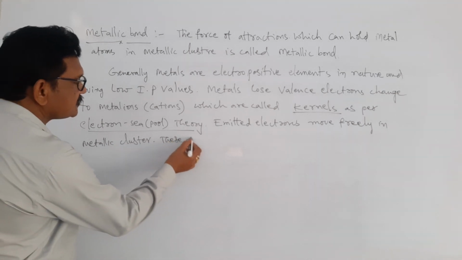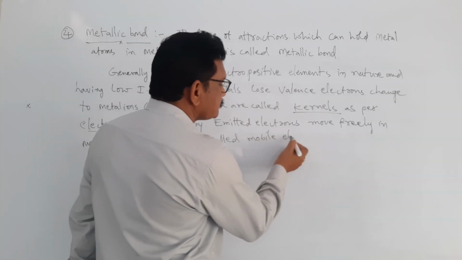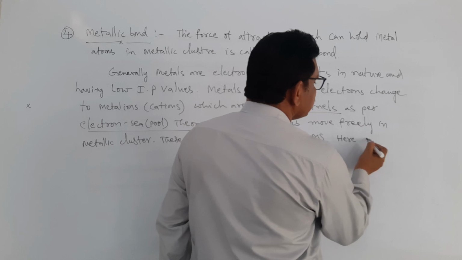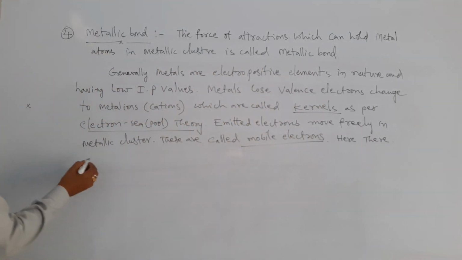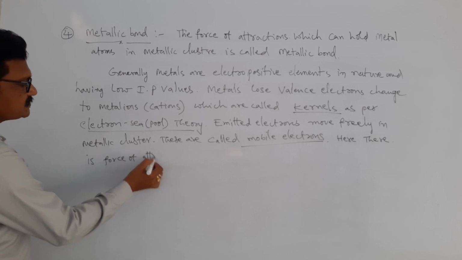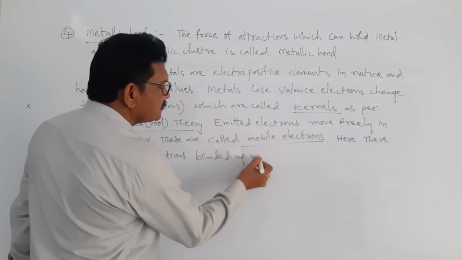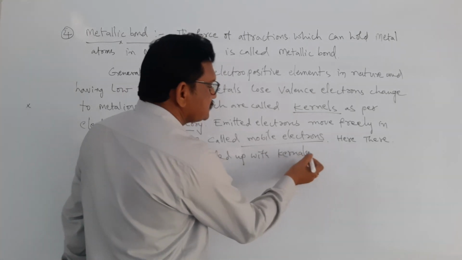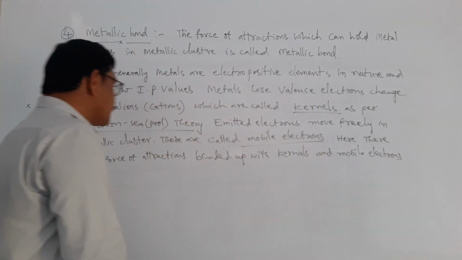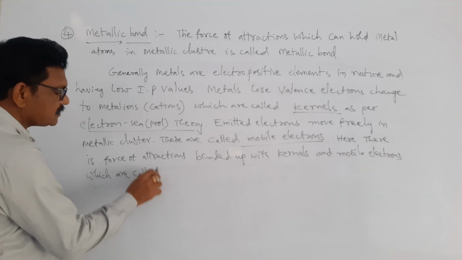These are called mobile electrons. Here there is a force of attraction bound up between the kernels and the mobile electrons, which is called metallic bond.